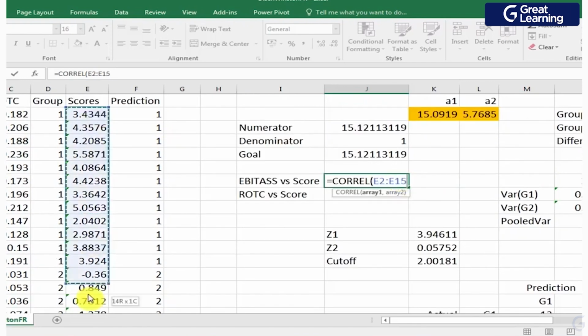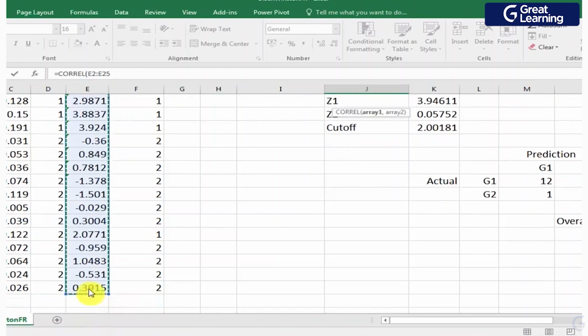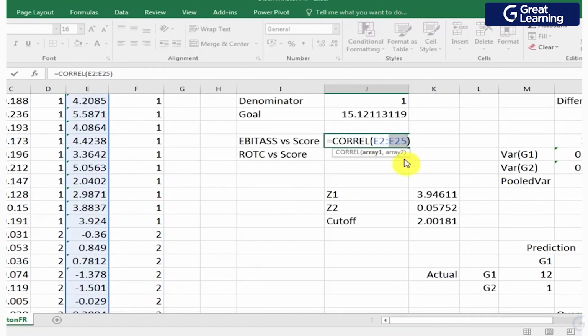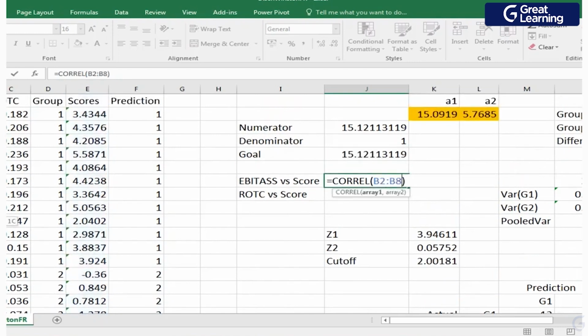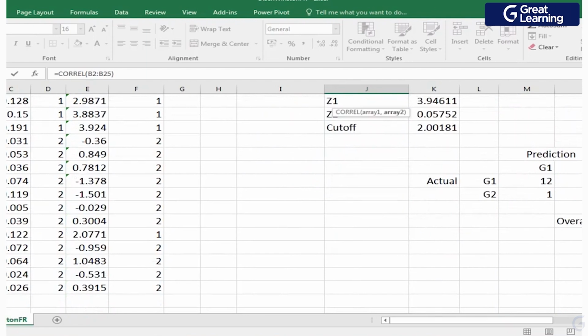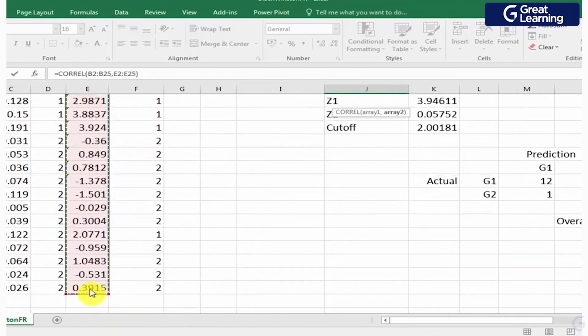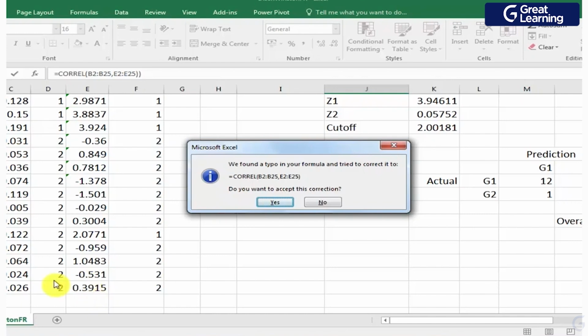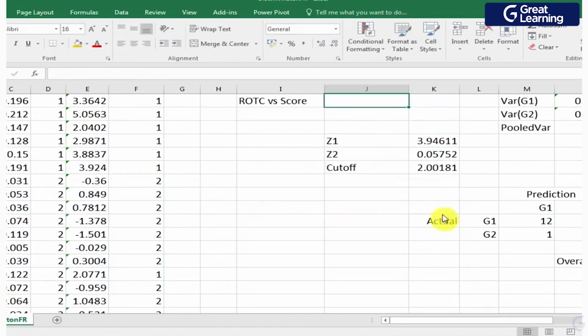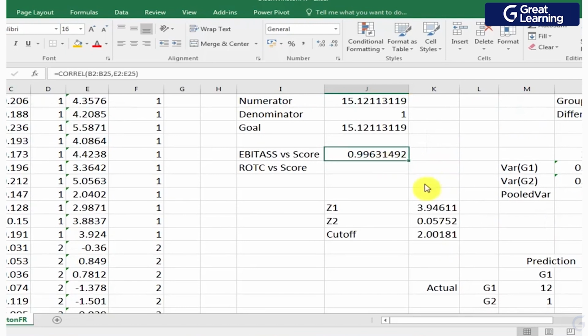Finished. Score is equal to, let me say here, EBITDAs, comma, discriminant scores. That is stupid. .9963 correlation.